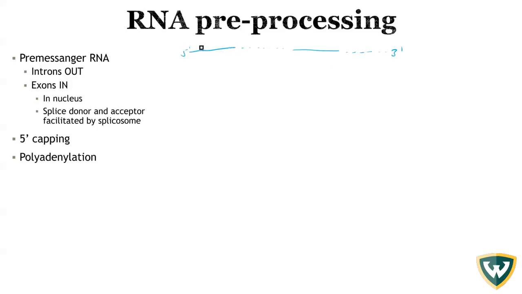And these solid and dotted lines are referring to parts of DNA that are called exons and introns. And exons and introns become important in the pre-processing of RNA into its final form. So we talked about transcription.